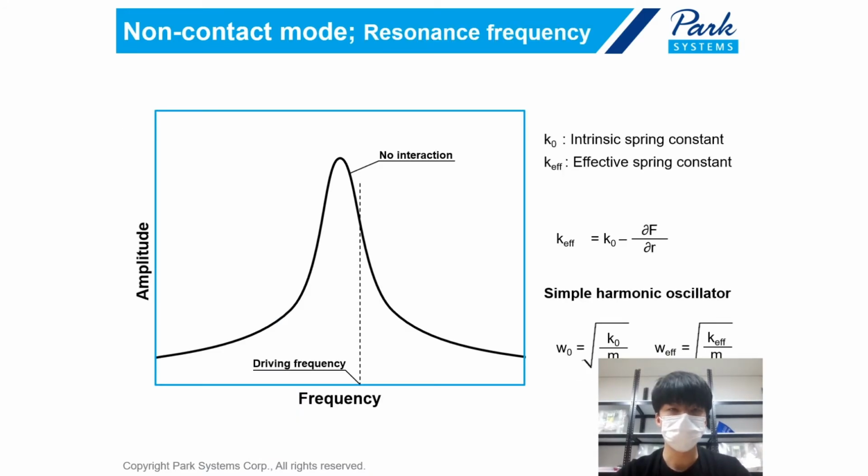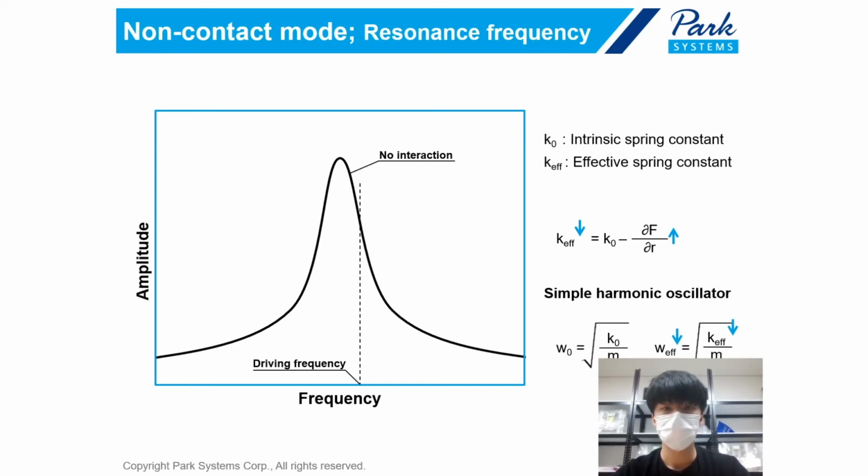Here is the resonance frequency curve of a cantilever, which has no interaction with the sample surface. But when the tip gets closer to the sample, the attractive force starts to increase, and it decreases the effective spring constant and the resonance frequency at the same time.